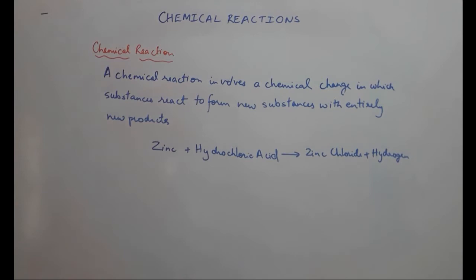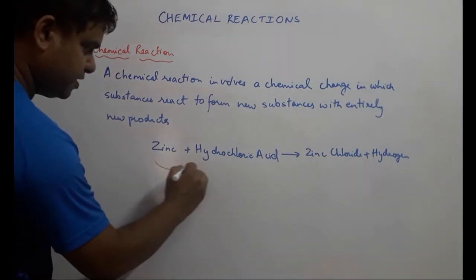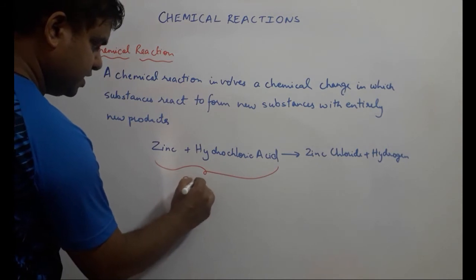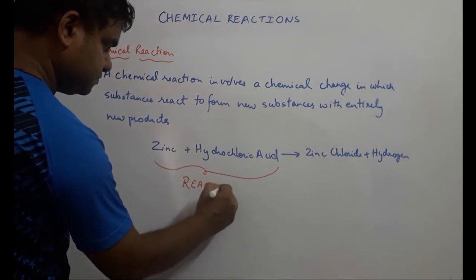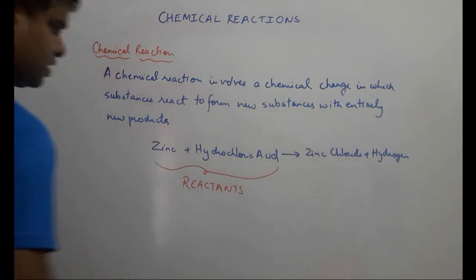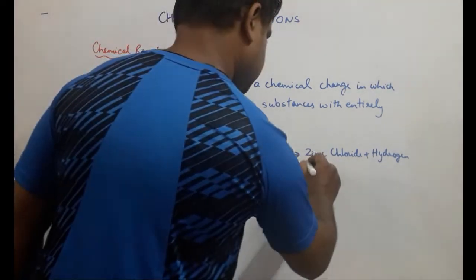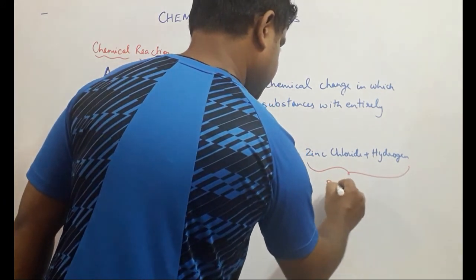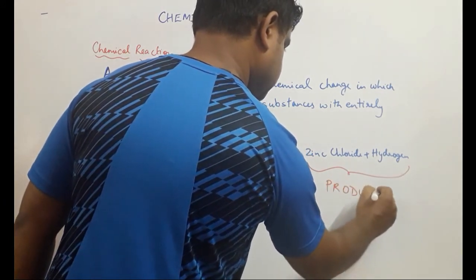Our equation is zinc plus hydrochloric acid gives us zinc chloride plus hydrogen, where zinc and hydrochloric acid are known as reactants and zinc chloride plus hydrogen are known as products.